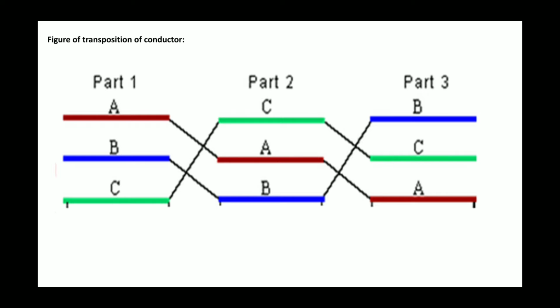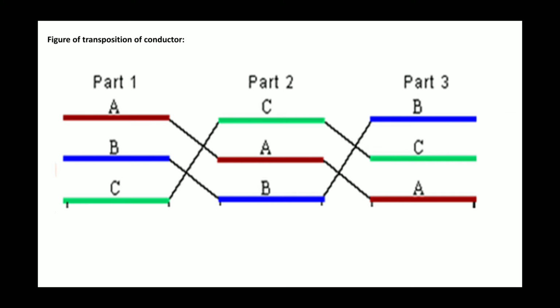In order that the voltage drops are equal in all three conductors of a three-phase line, we interchange the position of the conductors at regular intervals along the line so that each conductor occupies the original position of every other conductor over an equal distance.